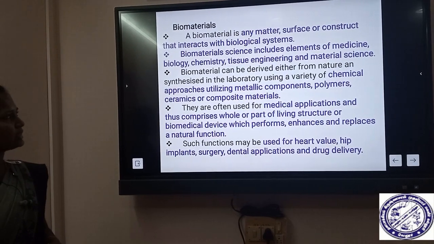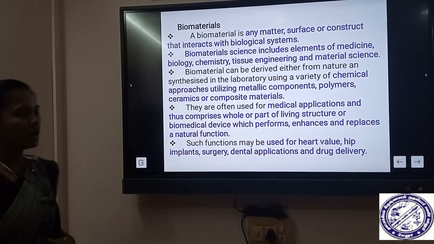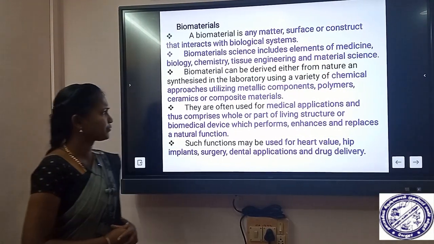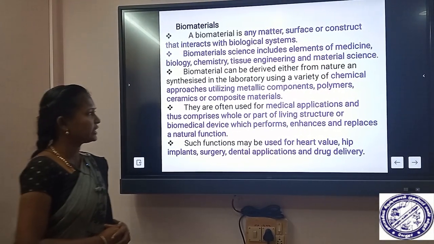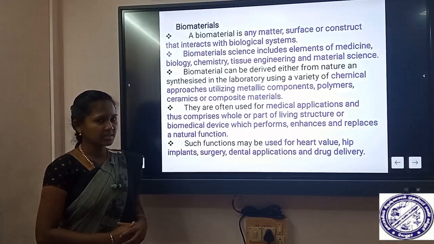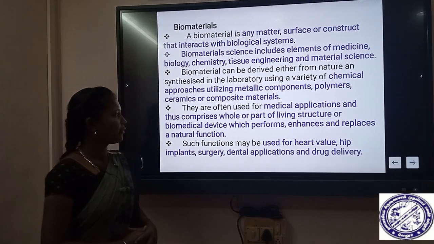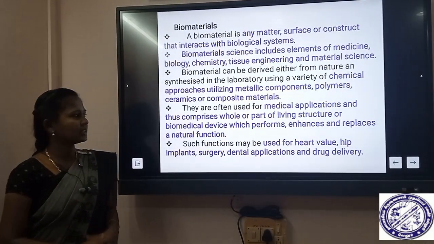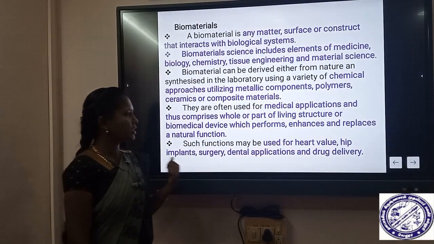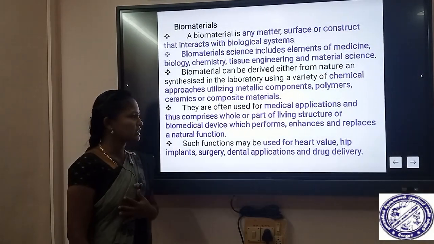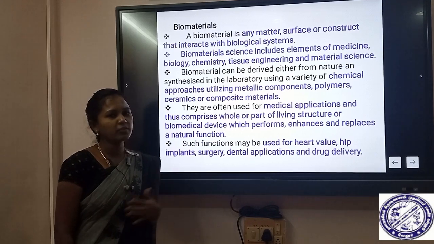Biomaterial science includes elements of medicine, biology, chemistry, tissue engineering and material science. Chemical approaches utilize metallic components, polymers, ceramics and composite materials. They are often used for medical applications and thus comprise whole or part of a living structure or biomedical devices which perform, enhance or replace natural functions.